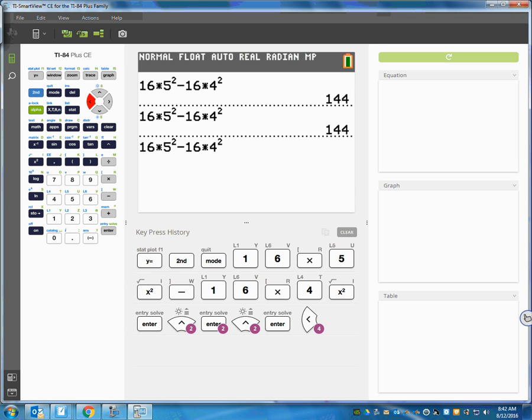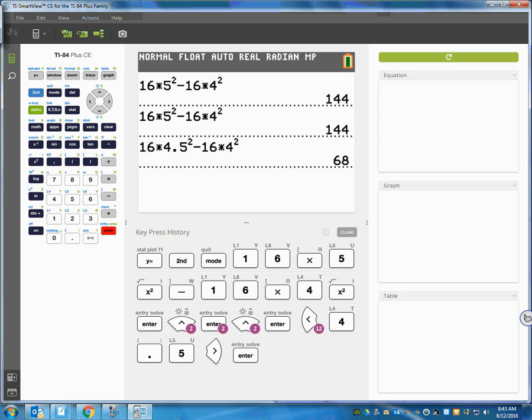So if you had a big long thing, you can change the number, because everything else is the same. But then don't forget that I have to divide by 4.5 minus 4, which means I'll be dividing by half here.